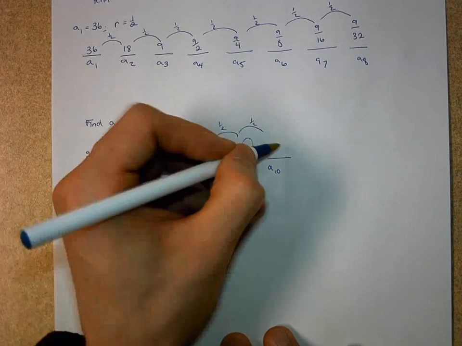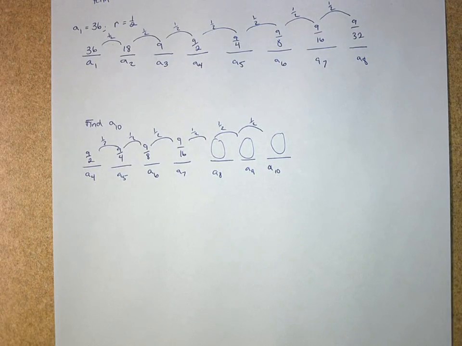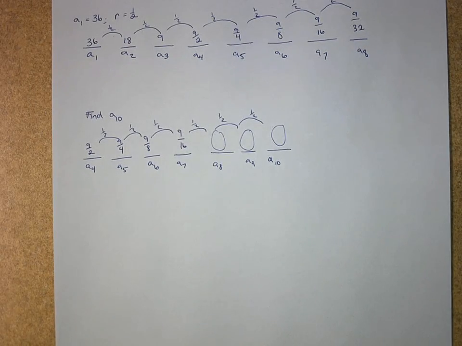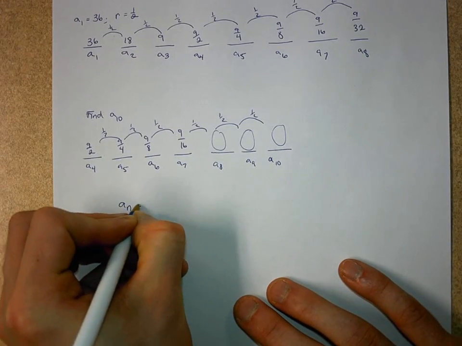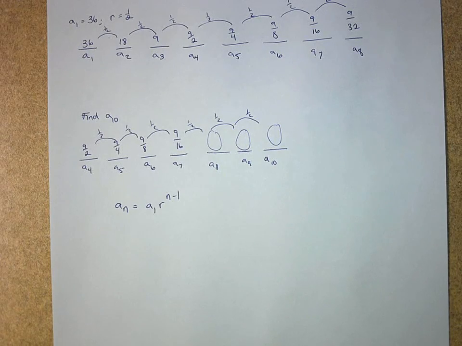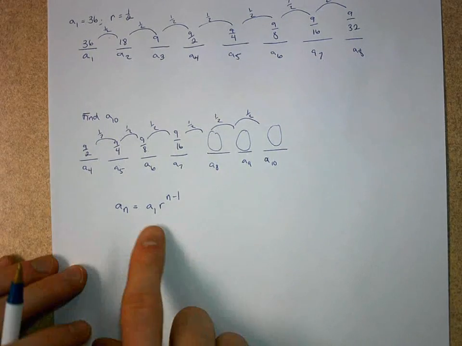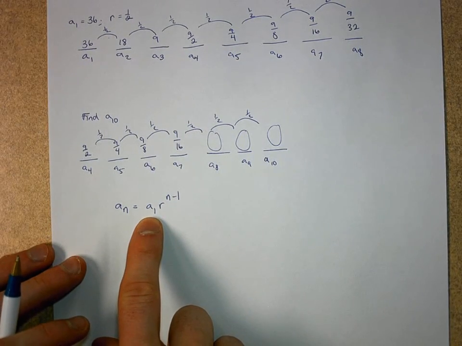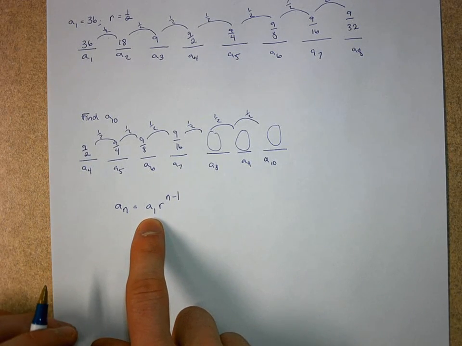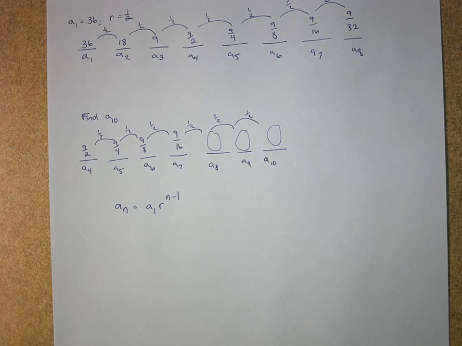So I'll get some value in a sub 8, some value in a sub 9, and then some value in a sub 10. I could apply my formula, a sub n is equal to a sub 1 times r to the n minus 1. I don't necessarily have to say a sub 1 in this equation. a sub 1 just indicates my starting term, and the n is the number of terms to get to the ending term.